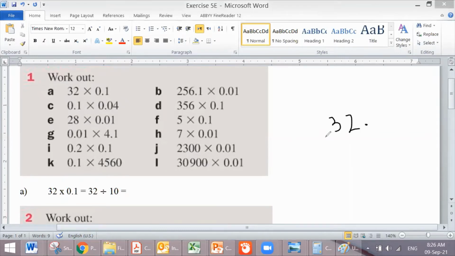If dividing by 10, I will move this decimal point one value to the left. So what will be the answer? Please boys, answer it. Hurry up quickly.